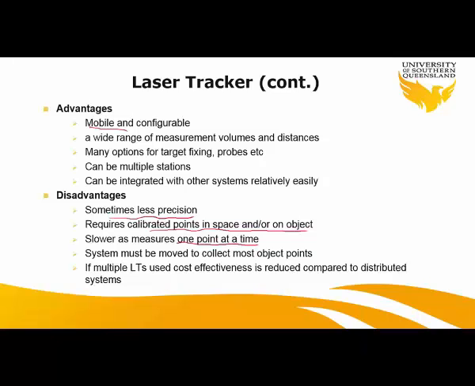So it's a one-to-one measurement. It's a centralized system, so it takes longer. The system must be moved to collect more object points because you can't really access all the points from one station. If multiple laser trackers are required, it's not cost effective, so you better use one distributed system rather than the laser tracker system.